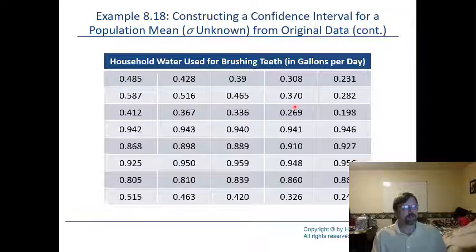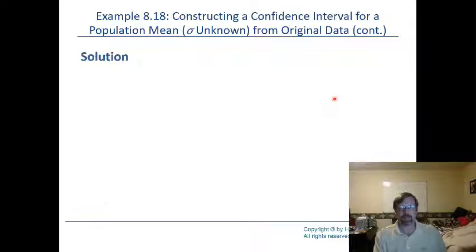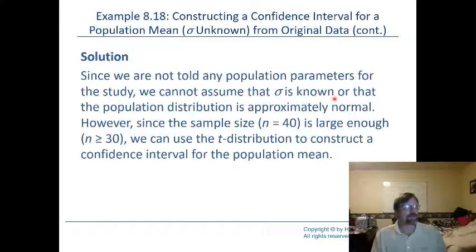So here is our data. We're not told any population parameters, so we can't assume that the population standard deviation is known. We also don't know whether the underlying distribution is approximately normal, but the sample size is large enough, because that's larger than 30, that we can use the t-distribution to construct our confidence interval.